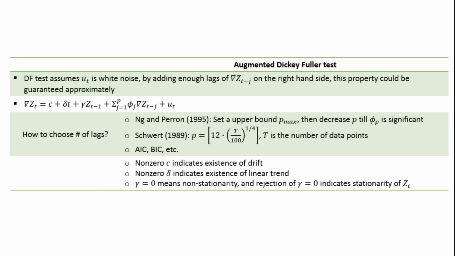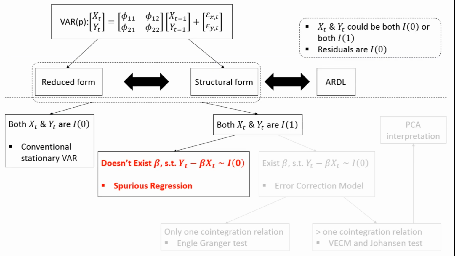In this situation, we have to recapitulate what we have said since the beginning. We have a VAR P giving a relationship between two variables and lagged variables. We have a reduced form and a structural form.